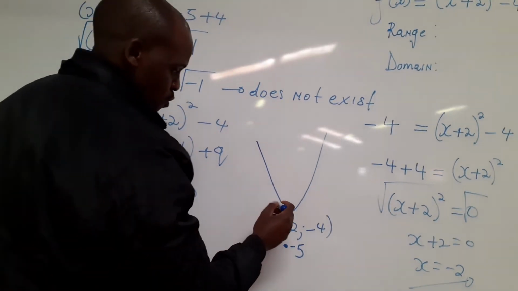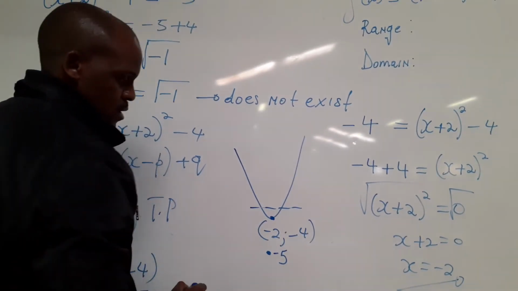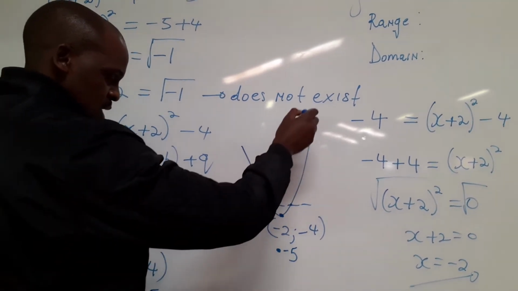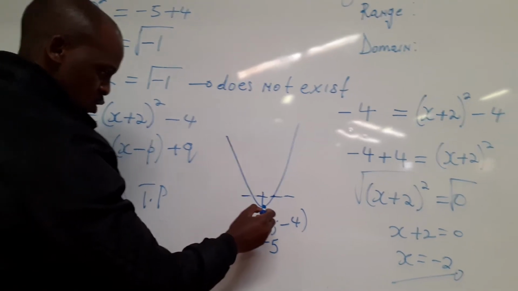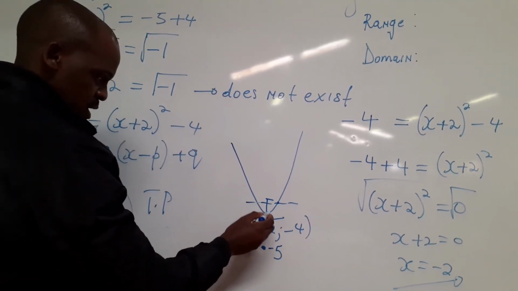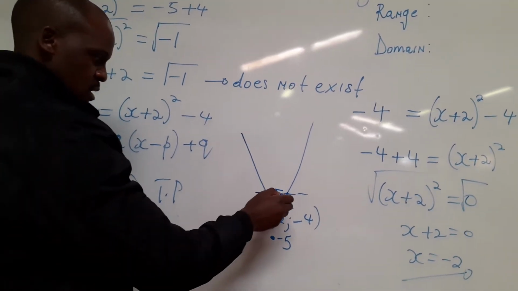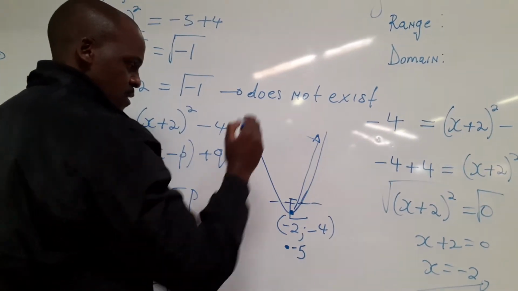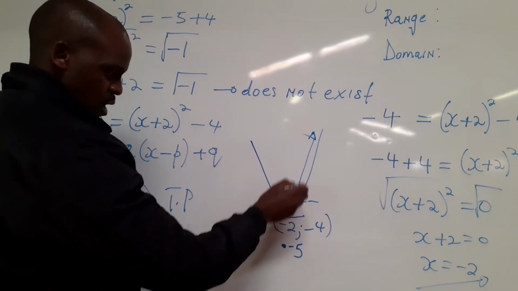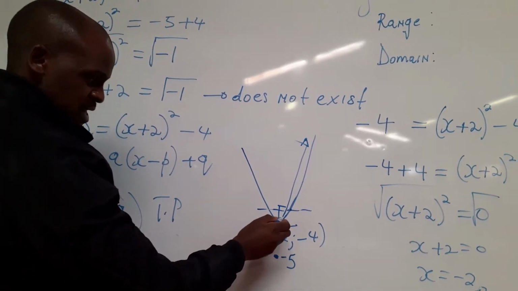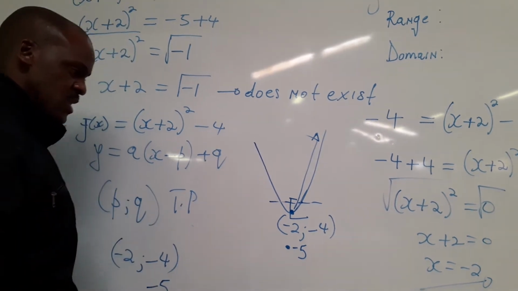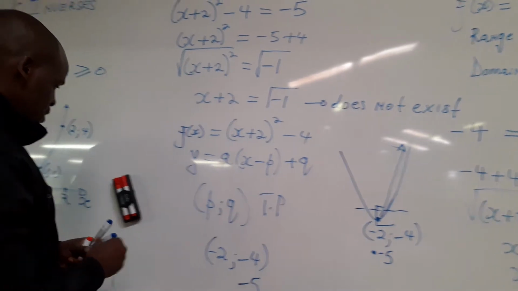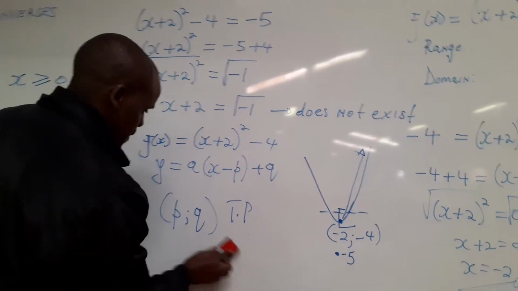Even if you go above this point, this graph is still existing. So it ranges from the turning point upward, from negative 4 upward. From negative 4 downward, it doesn't exist. It is not here.